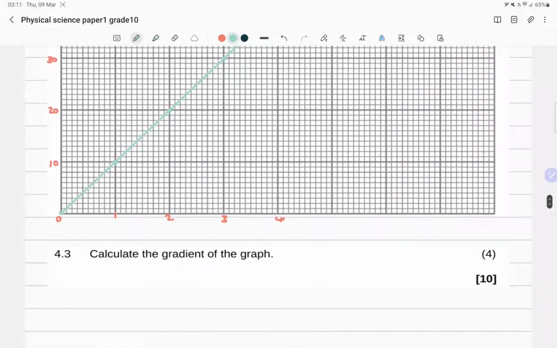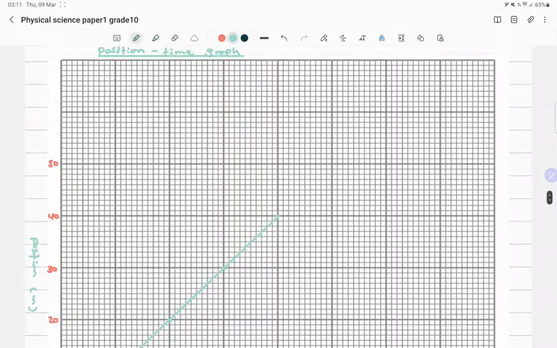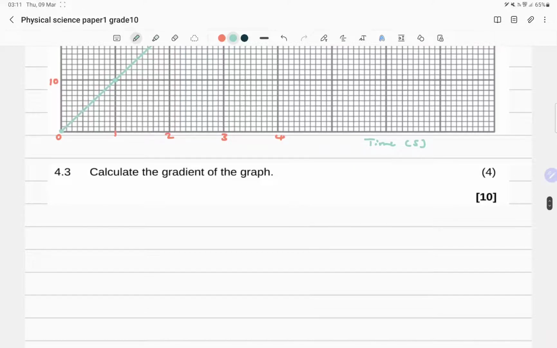And 2, we need to label that this is time in seconds. And then we need to label that this one is position in meters, because if none of these are indicated, you are dead. Otherwise easy marks there.